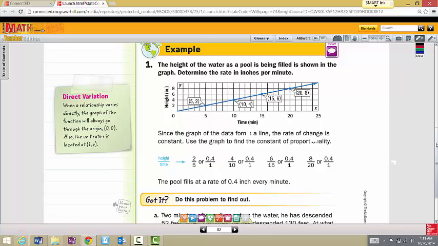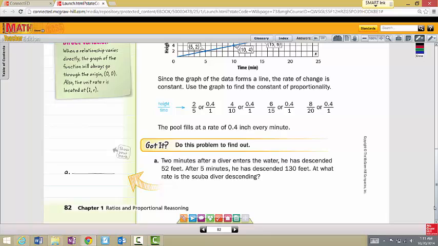Okay, so in example A, it says 2 minutes after a diver enters the water, he has descended 52 feet. After 5 minutes, he has descended 130 feet. At what rate is the scuba diver descending?